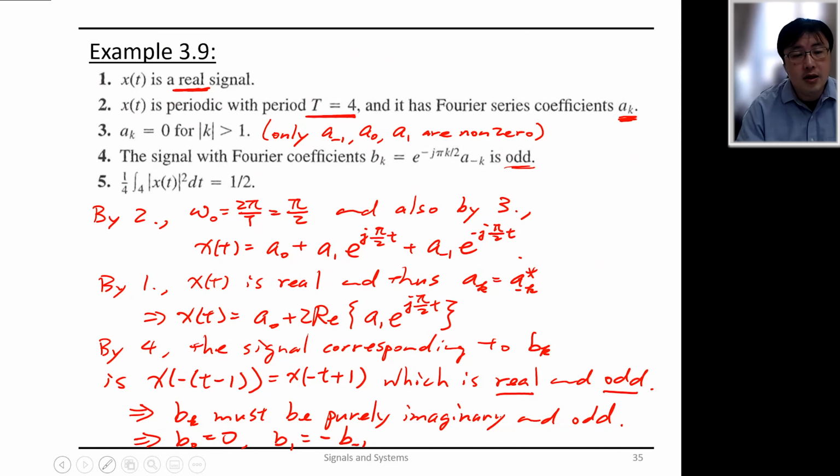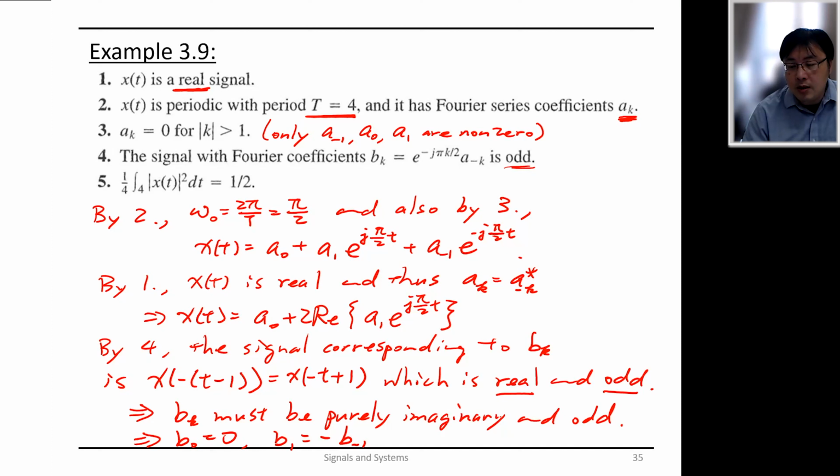So again, going through this list, we started out by looking at property 2, which tells us that the signal is periodic with period 4. So the fundamental frequency is pi over 2, and by 3, we know that there can only be 3 non-zero Fourier series coefficients: a0, a1, and a minus 1. So x of t can be expressed in this form.